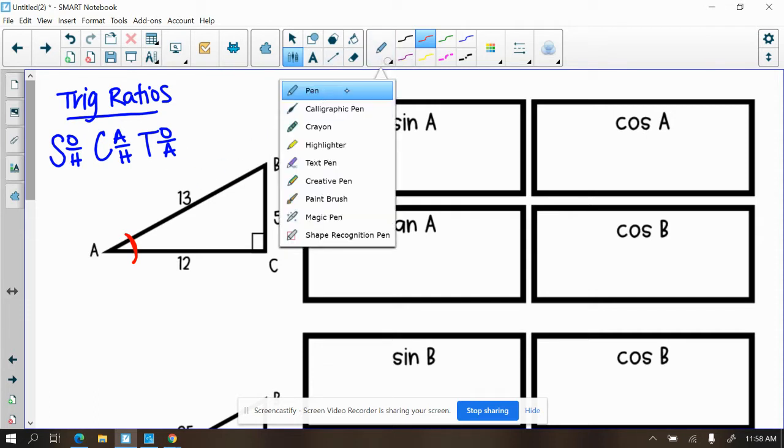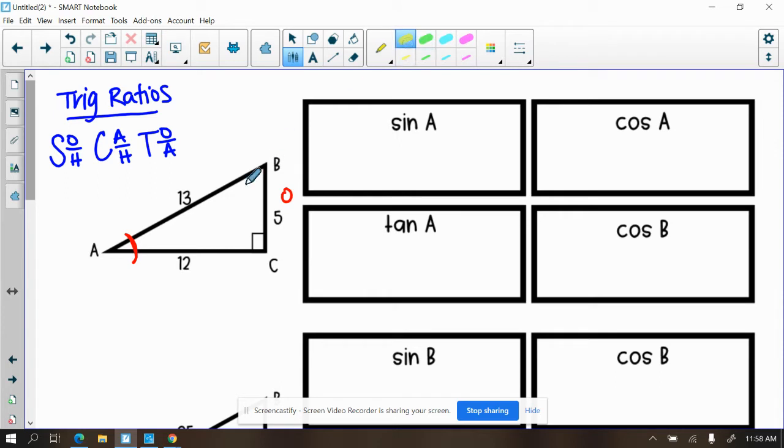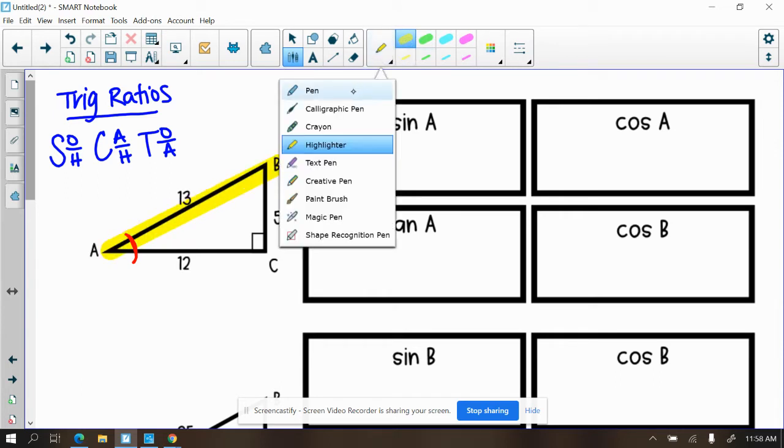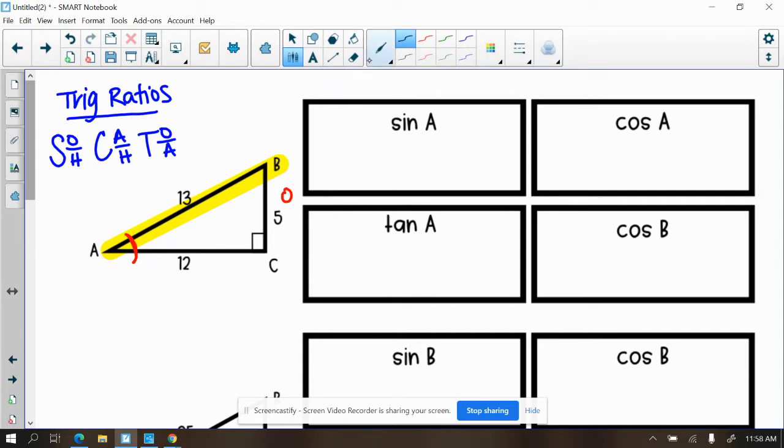Remember, always knowing that our hypotenuse is across from that 90-degree angle. So that's our hypotenuse and our adjacent. So sine, opposite over adjacent, for that one would be 5 over 13. Whoops, my bad. Opposite over hypotenuse for sine.